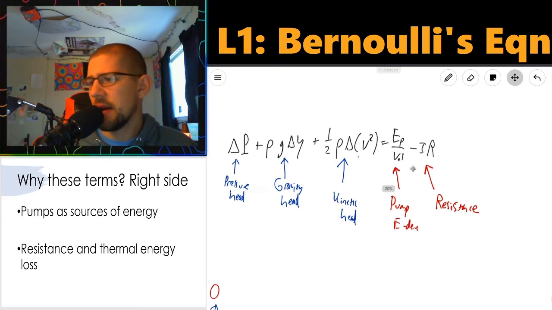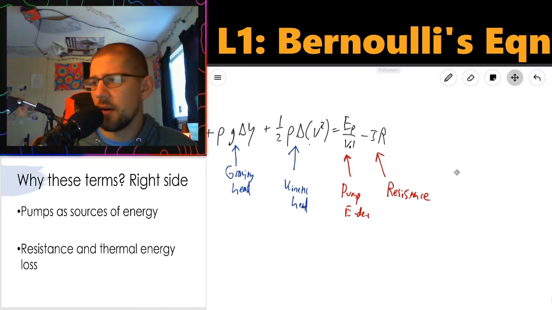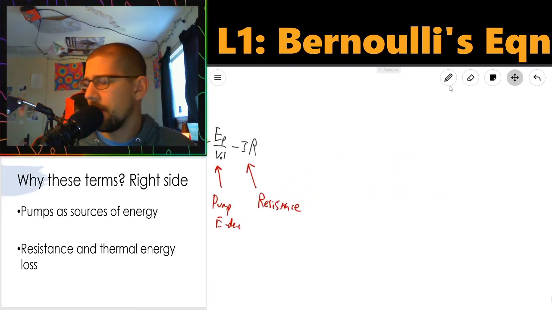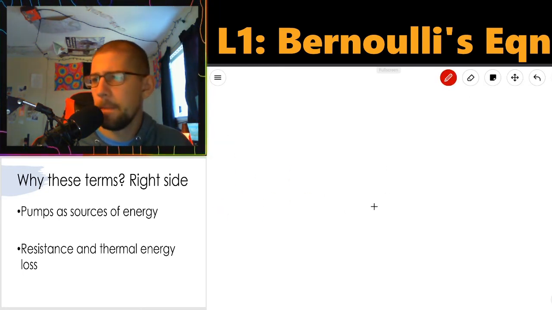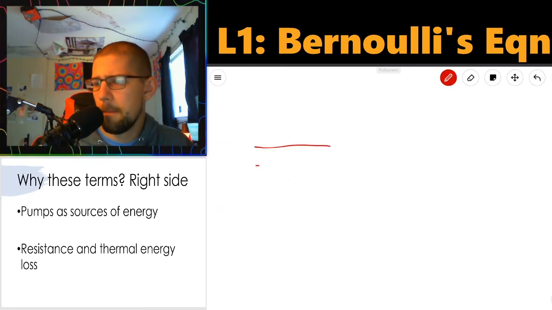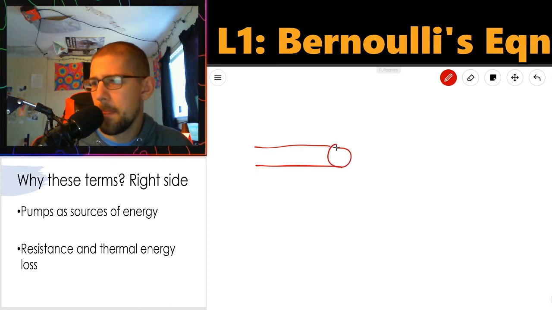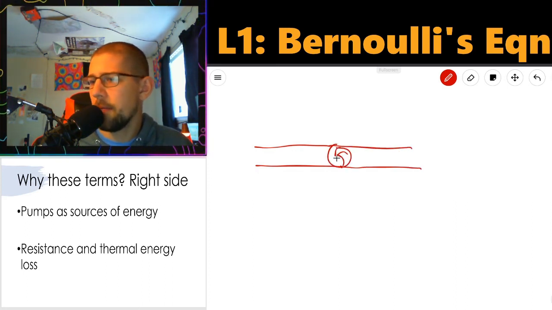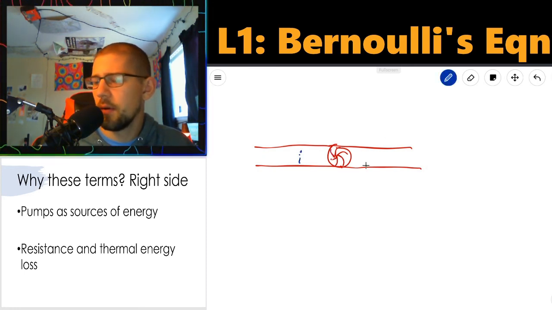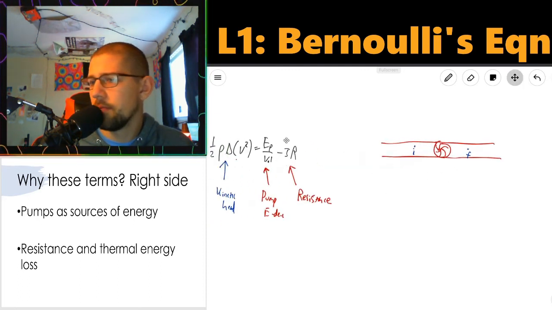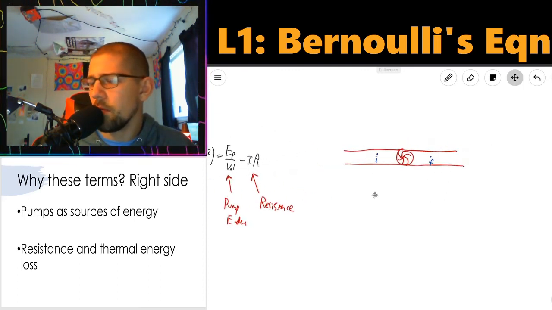So one place you might see these terms is in the context of a circuit with a pump. If I have a pump between 2 points, here's an initial point, here's a final point, this is when I would include my pump term, E pump per volume.